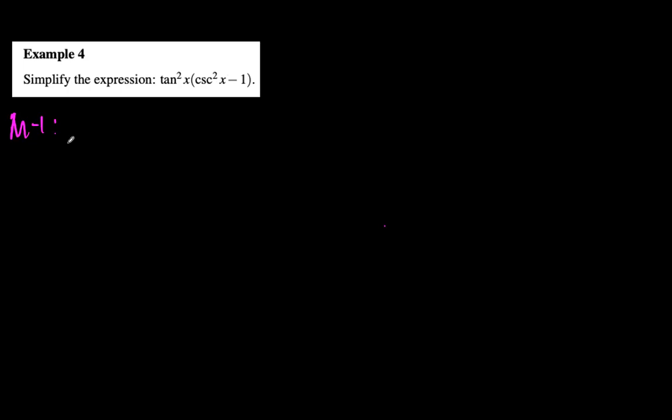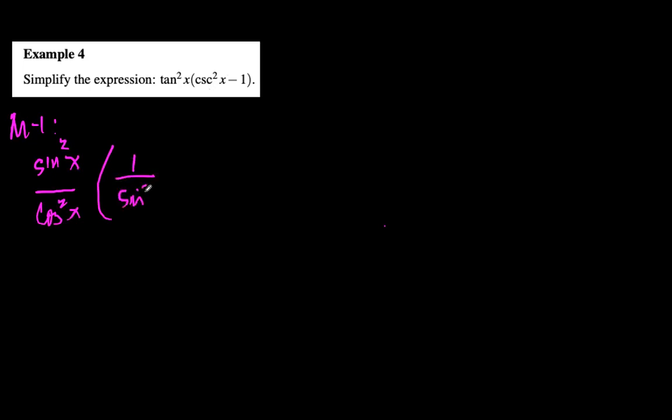Pero ngayon, let's say hindi natin alam yung identity, nakalimutan ko yung formula. So, how do we do this? Let's try method 1. I know the tangent square x is equal to sine square x over cosine square x. And cosecant is equal to 1 over sine.